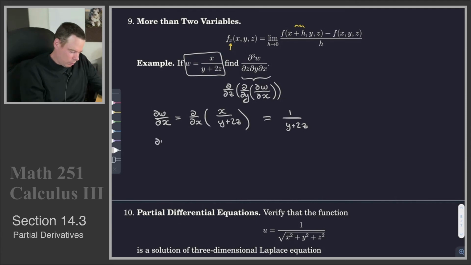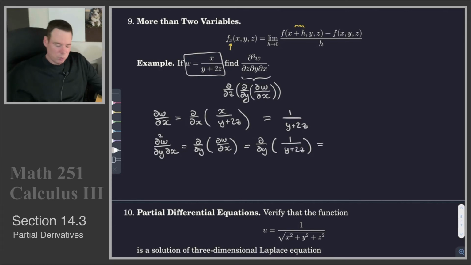Now we're going to go ahead and compute the 2nd derivative of w, and that is going to be the derivative with respect to y of this expression we just calculated. So we want to compute the derivative with respect to y of 1 over y plus 2z.